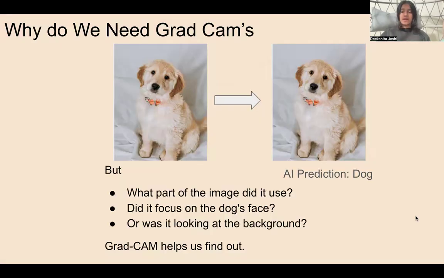So let's talk about why we need grad cams. There is another image of a dog. I love dogs. So, how does an AI actually predict this is a dog? Well, we give it a bunch of data of dog images and cat images, for example. This is the most basic example I can take. And there's lots of different features in the different images.